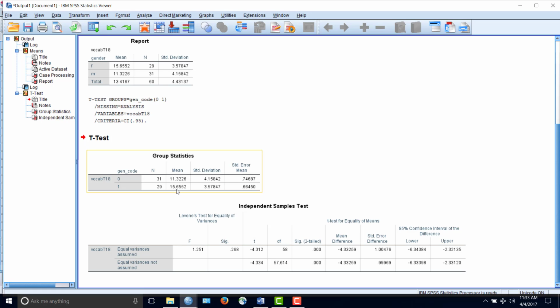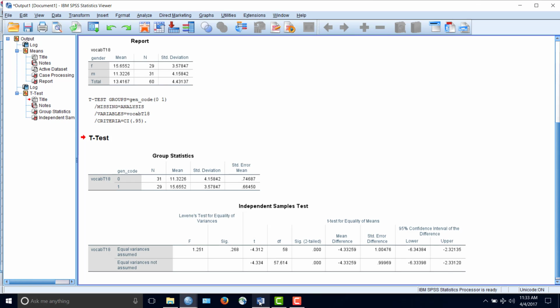It means it's unlikely that the true values of these two numbers are equal, but rather that there is probably a significant difference between these numbers. Okay? And this is our degrees of freedom.